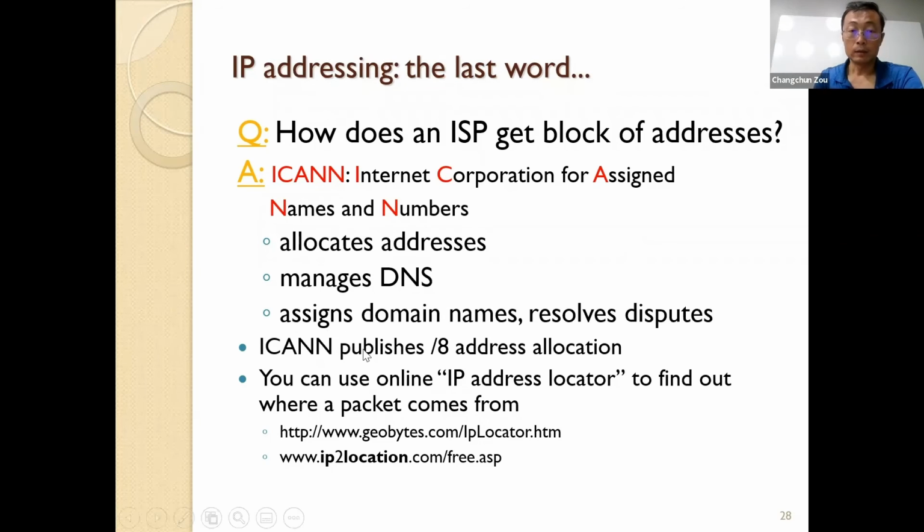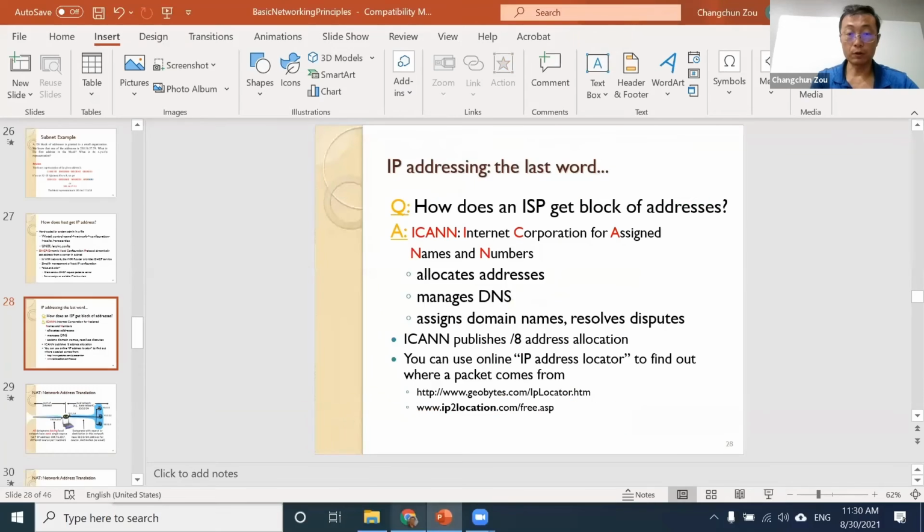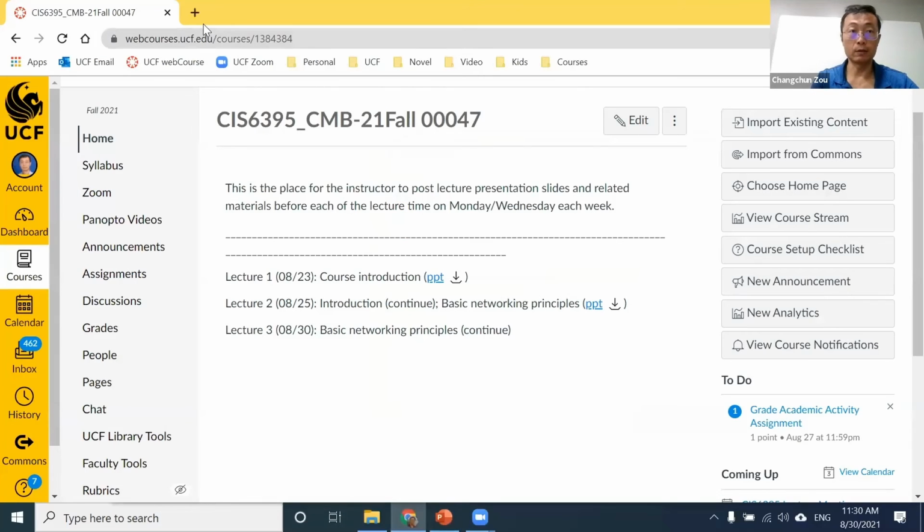And the addressing is public information, so you can find the addressing for all the ISPs by yourself with a Google search. The most important public information is this /8 address allocation. So you can Google search to find the /8 address.